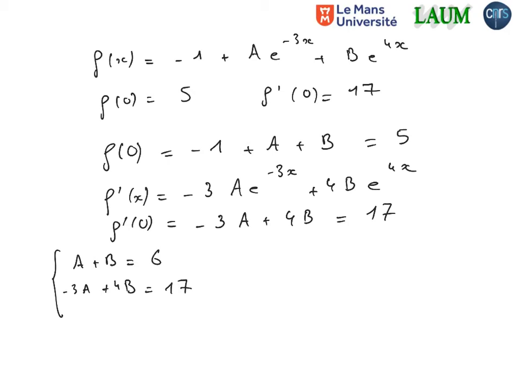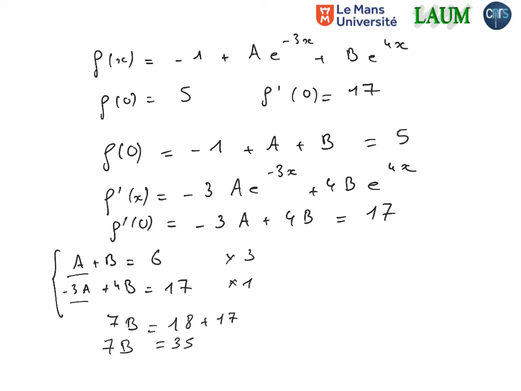Then we just need to find a and b. I can multiply the first equation by 3 and the second by 1 and make the sum. So 3a minus 3a is 0, 3b plus 4b is 7b, which is equal to 6 times 3, 18, plus 17, so 35.